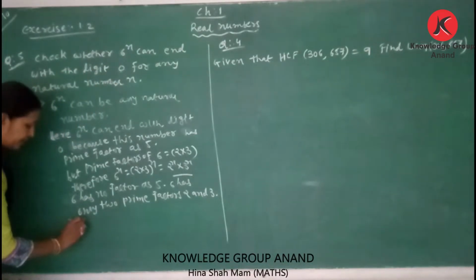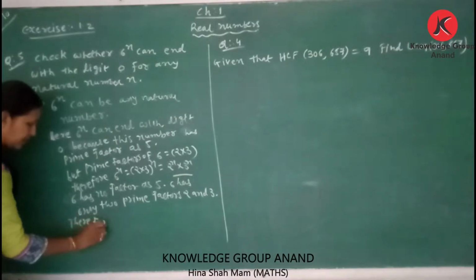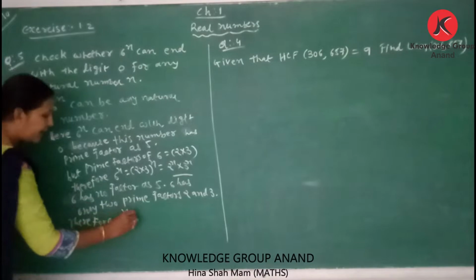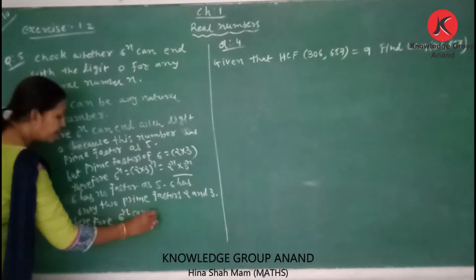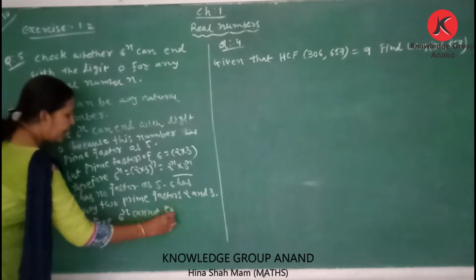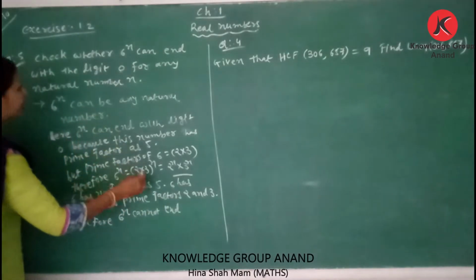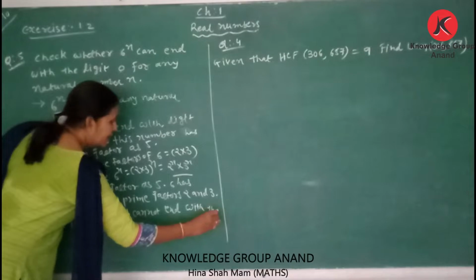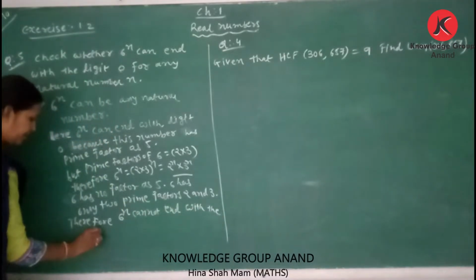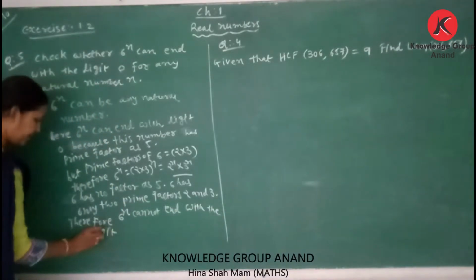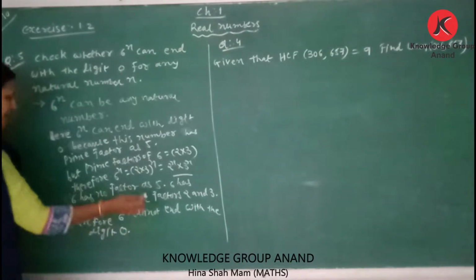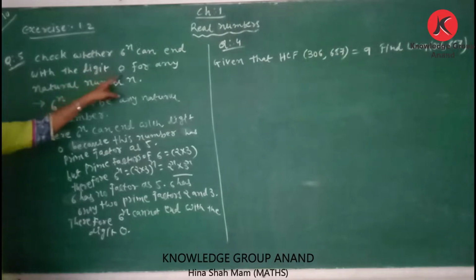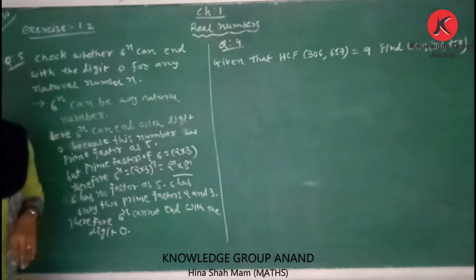Therefore, 6 raised to n cannot end with the digit 0 for any natural number n.